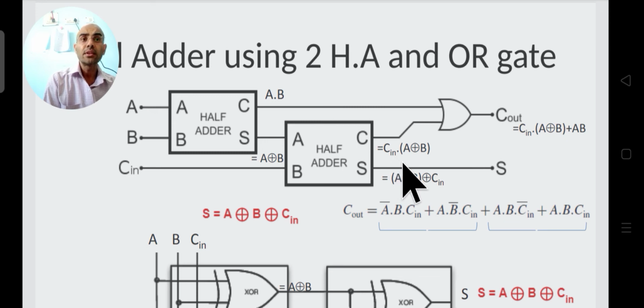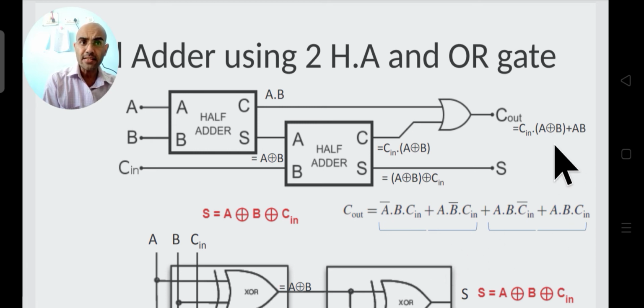So then what we do is, with some manipulation, if we input the A dot B output of this first half adder and the carry output of the second half adder, and OR them together, and if you simplify them, then we can see that the expression which we are going to get is this, and this is nothing but the same as this.